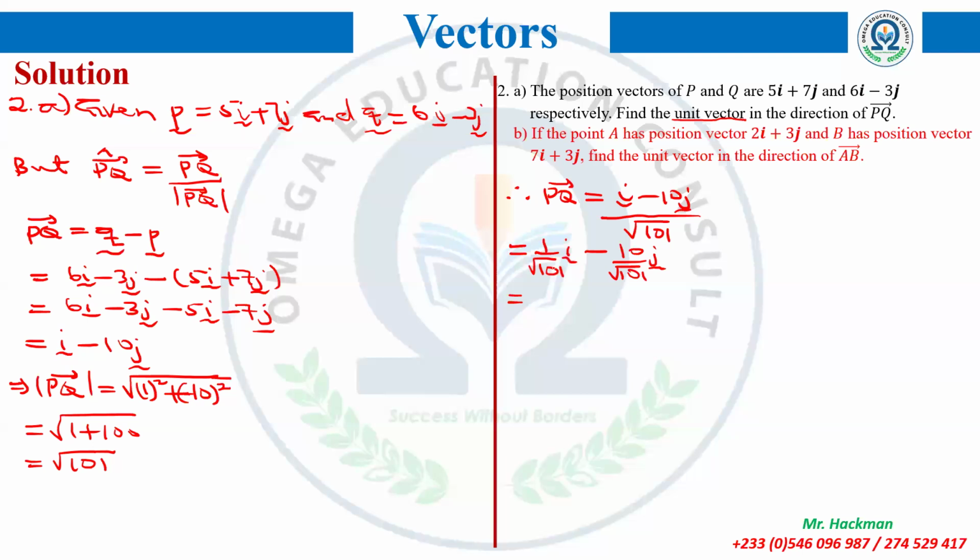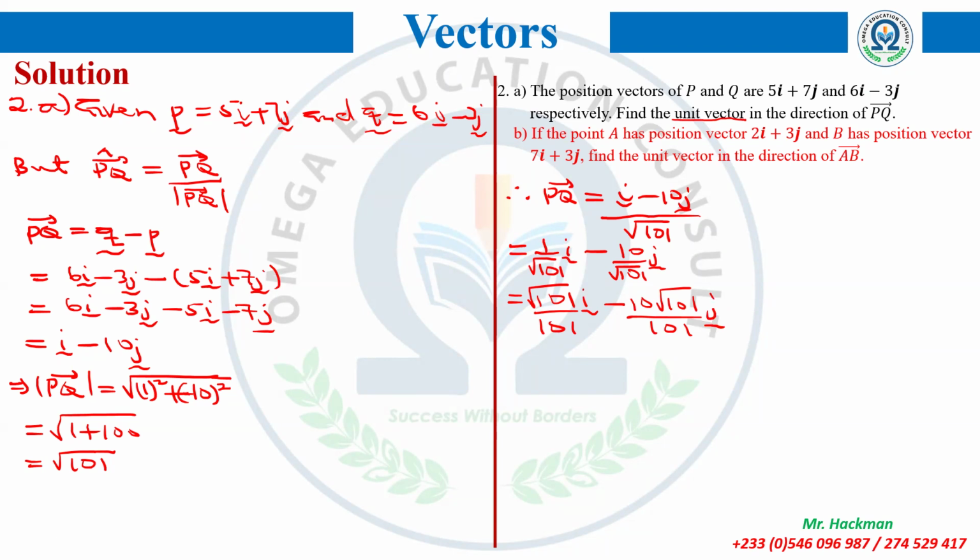So at this point, you rationalize term-wise. You multiply this one by root of 101 over root of 101. So that will give us root of 101 over 101 I. Then minus, this will give you 10 times root of 101 all over 101 J. It's my point well made.